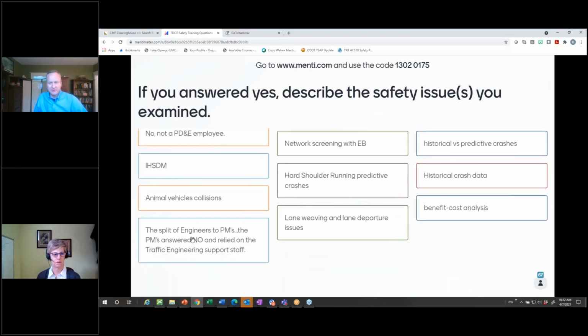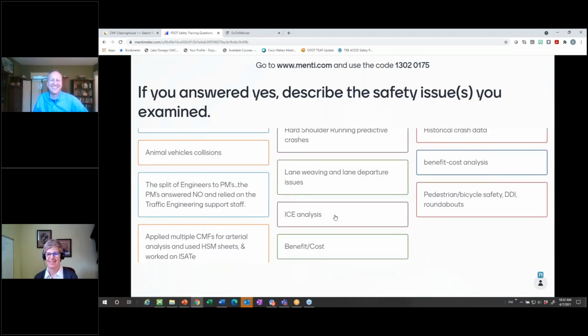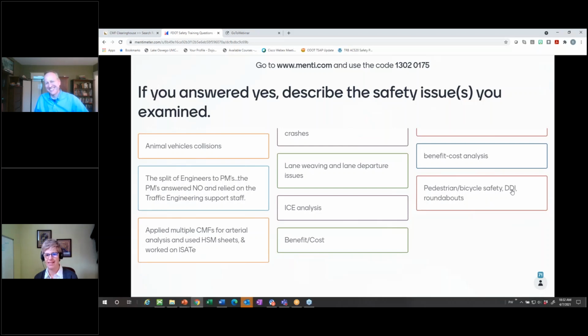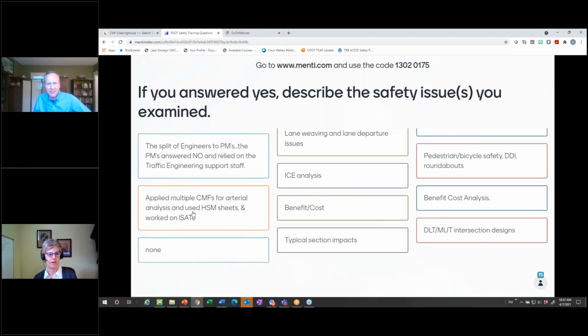See benefit cost. Engineers to PMs. The PMs answered no and relied on the traffic engineering support staff. I would too. Ped bike, DDI, roundabouts. DDI, there's been a lot of recent research about that. Material analysis and updated. You use HSM spreadsheets.